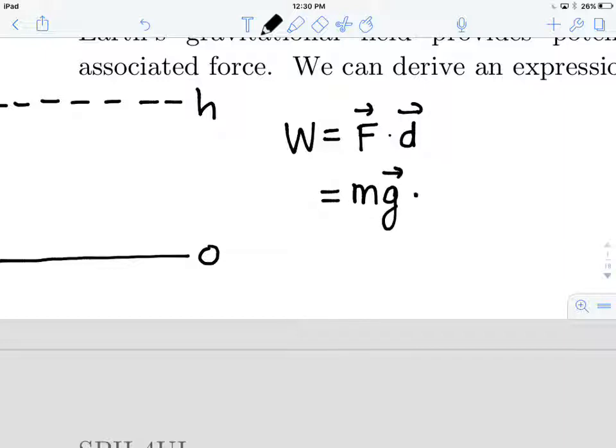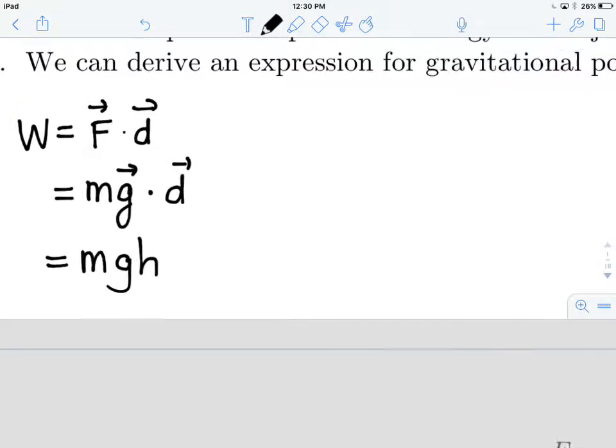And we're taking the dot product with the displacement, which is simply the height that we're going to give the object. And so at any point in a gravitational field, we've got mgh. And we arrive at our expression for gravitational potential energy is equal to mgh.